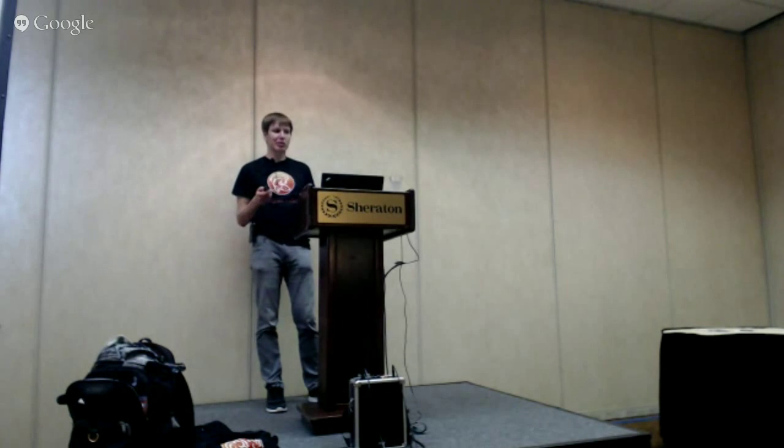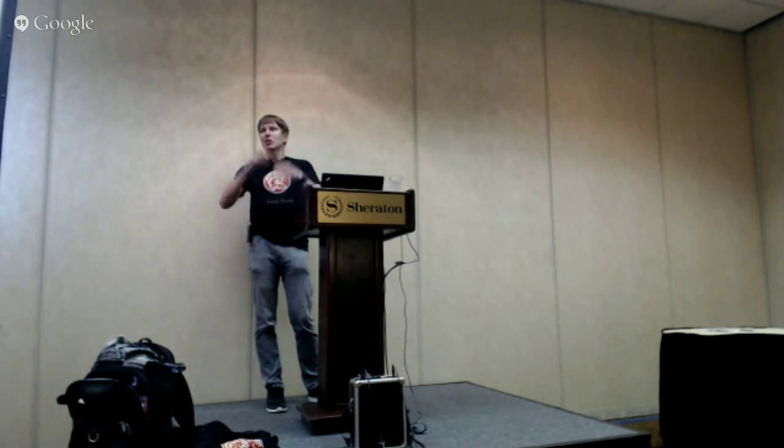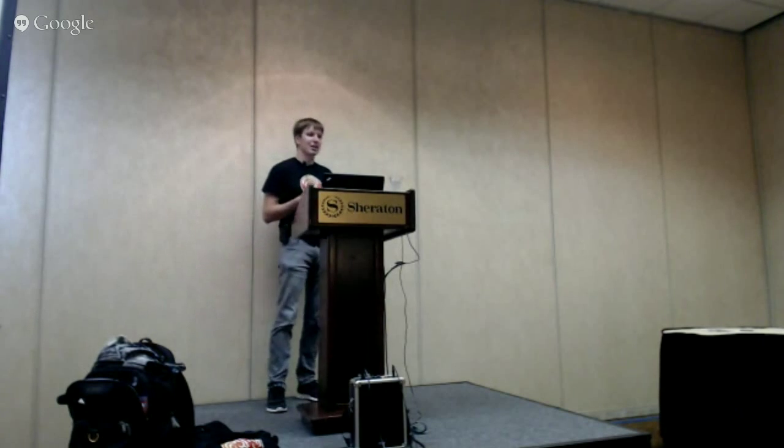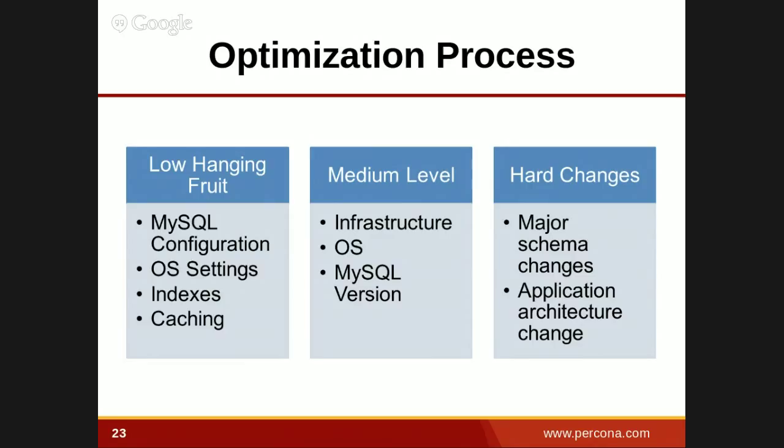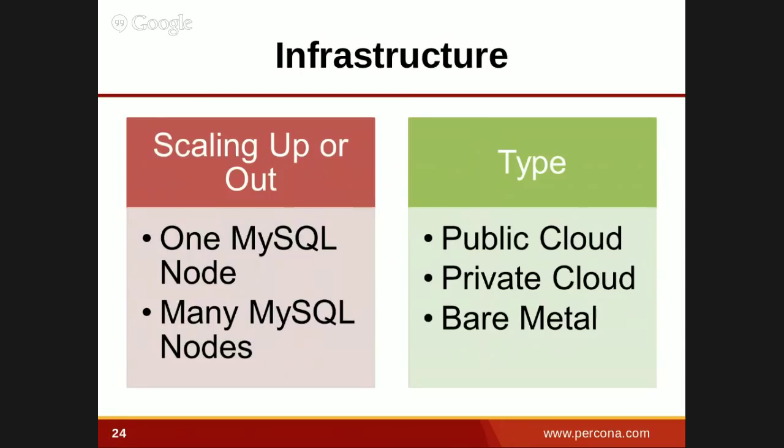And what we want to look at in this case is to see which of those approaches really are relevant in your case, right? And maybe you can just do with minor changes. Infrastructure, scaling up, scaling out. I mentioned that. In terms of using, okay, anybody runs in the cloud these days?